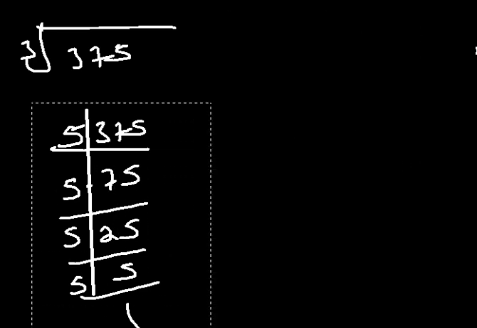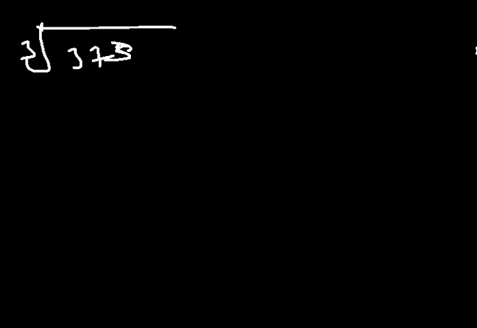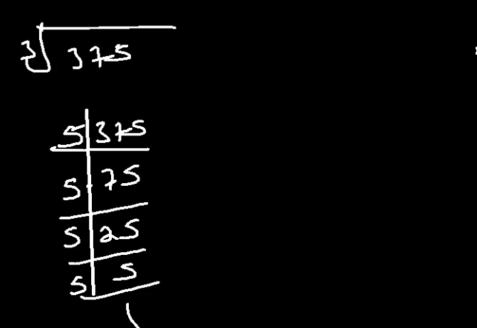So we should think of expressing 375 as a pair of factors that include a perfect cubic factor. So take note of that. Which means we'll have it as 125 times 5.